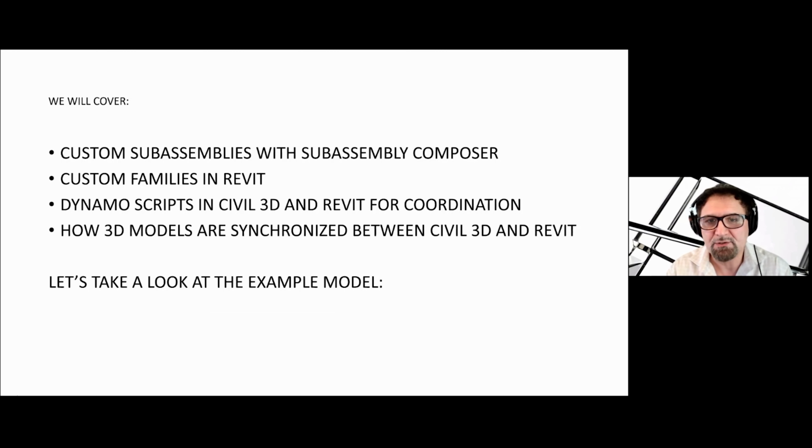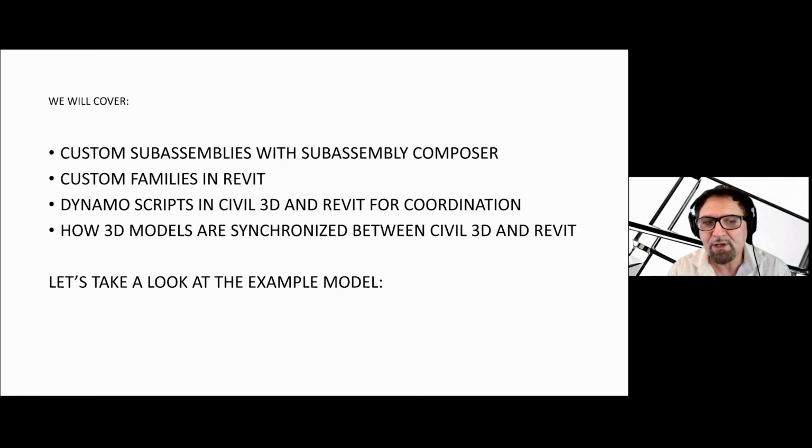The idea is then to automate some processes, specifically addressing the challenge when civil engineering design is used for alignment design and Revit is used for architectural and structural design. In our case, we're going to have railway track alignments in Civil 3D, and we're going to have an underground station box, typically in a box shape.